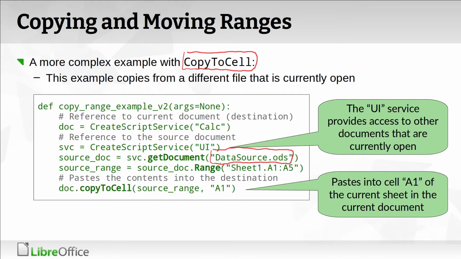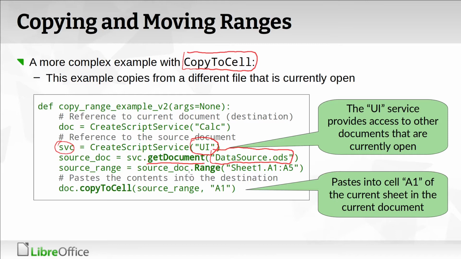So this is a separate file, and from this file, I'm using the UI service from ScriptForge to access this document, which must be open in this example. So suppose this datasource.ods is open.